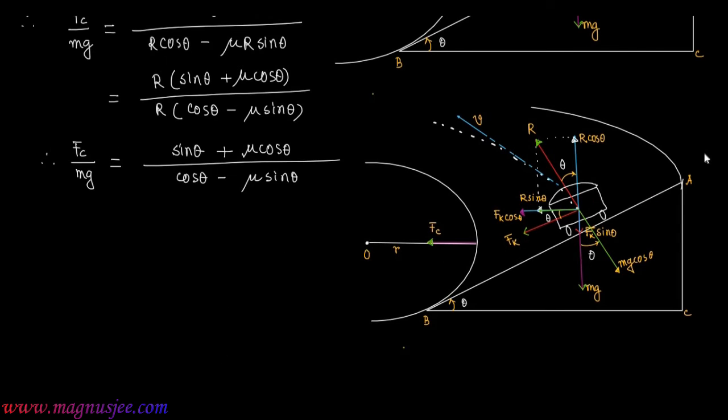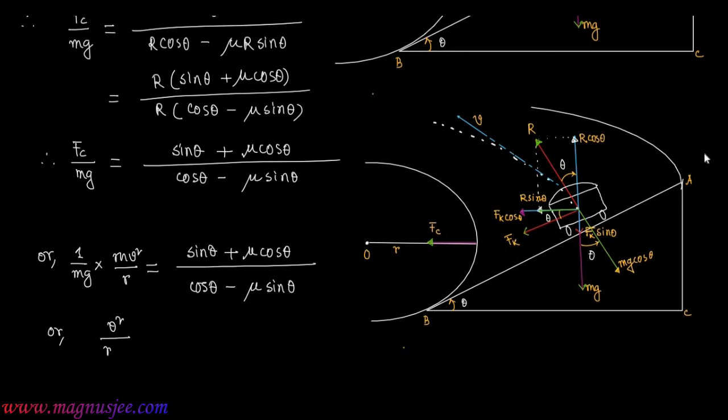And that will be Fc divided by mg, or 1 by mg into mv square by r, is equal to sin theta plus mu cos theta divided by cos theta minus mu sin theta. Or v square divided by rg equals this.